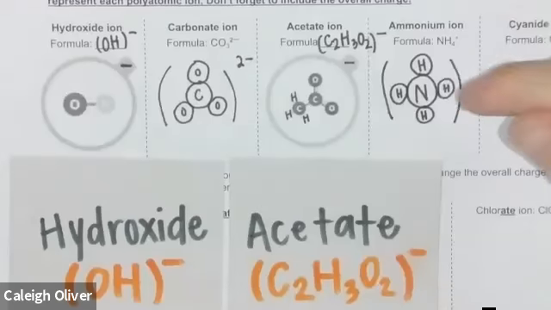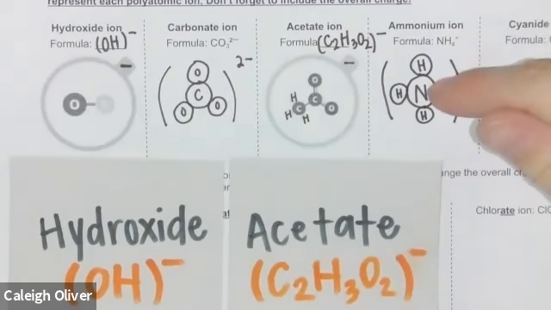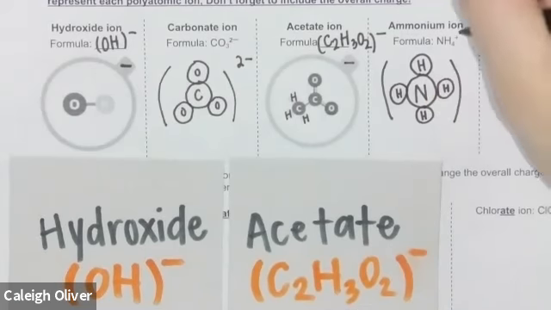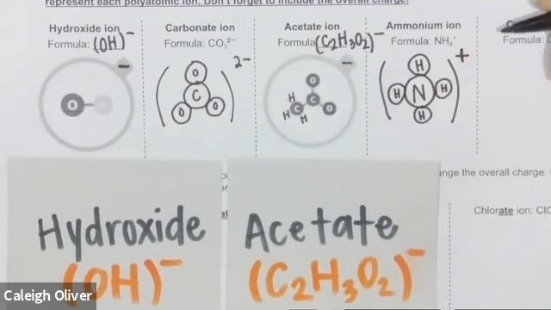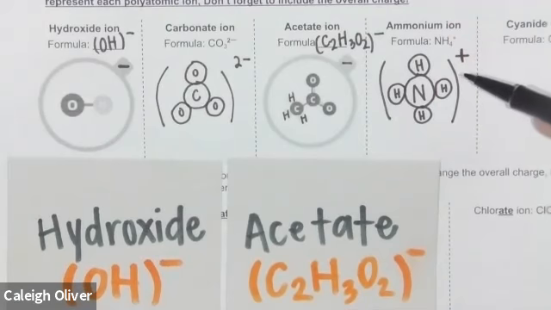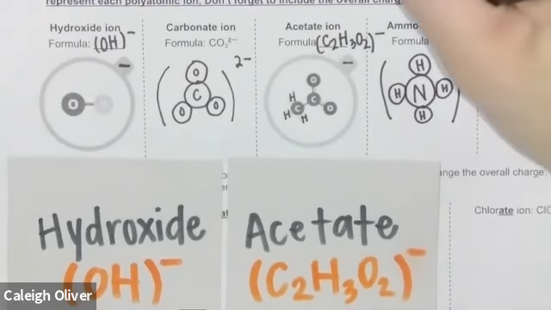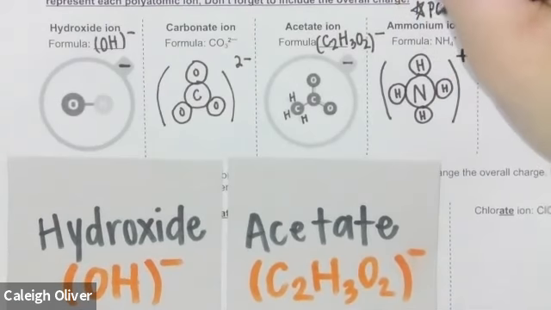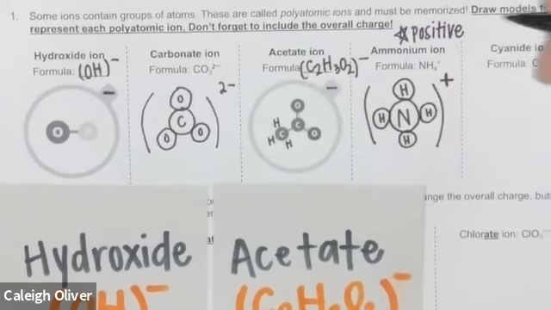Ammonium is strange. It's the only one that has a positive charge. Double check your flashcard that you didn't mess this up by accident. All of the other ones have negative charges. So that one is easy to mess up on.